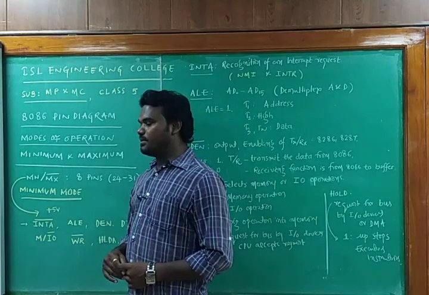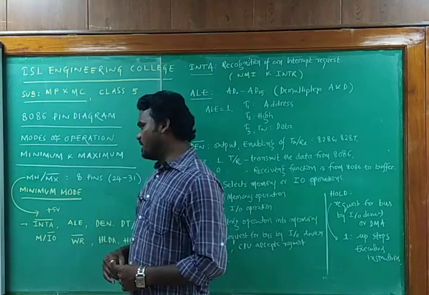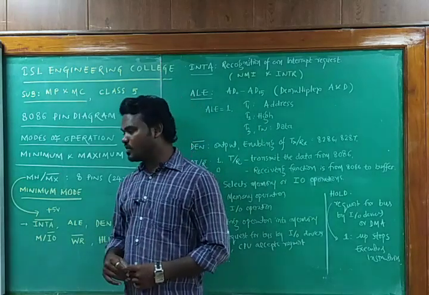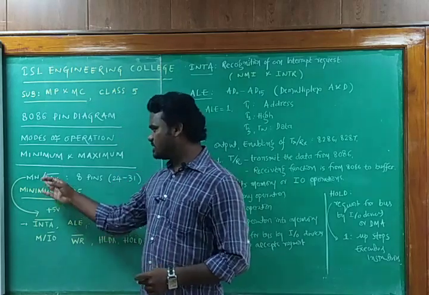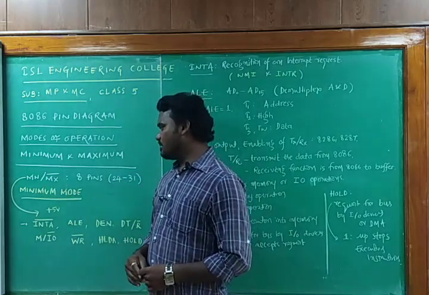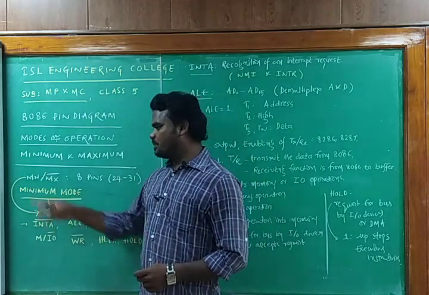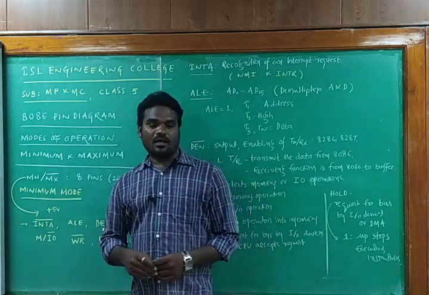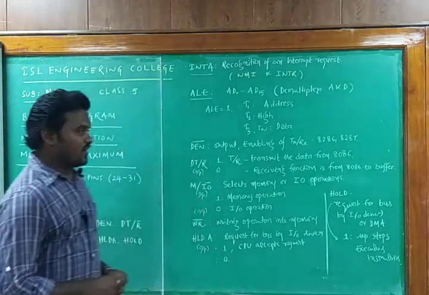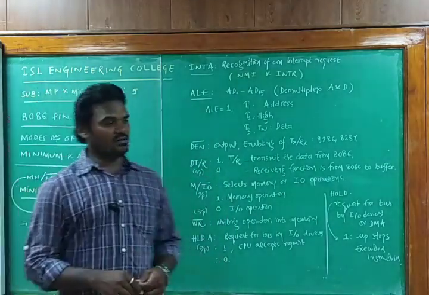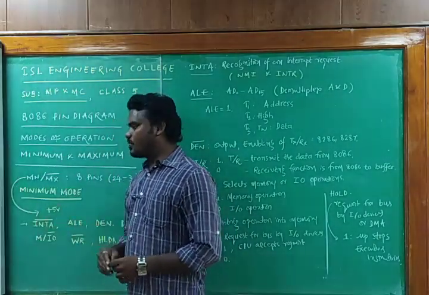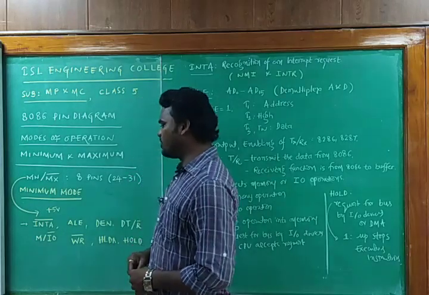Among the 40 pins, there is one pin that selects the minimum mode or the maximum mode of operation. That pin is MN/MX bar. When this pin is connected to 5 volts, or logic 1, the microprocessor enters the minimum mode of operation.